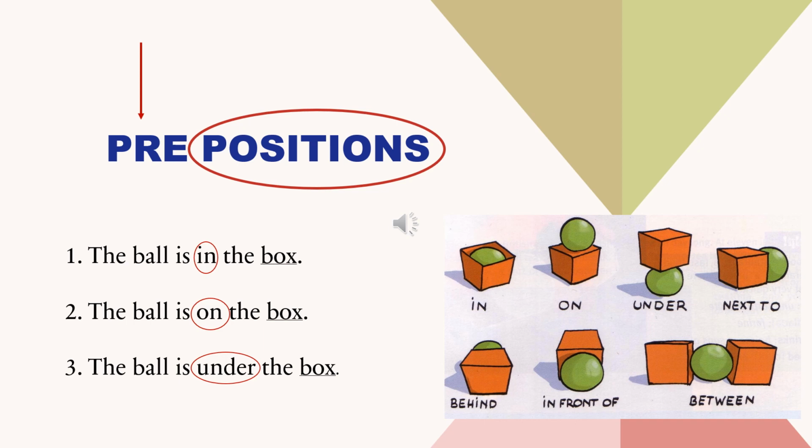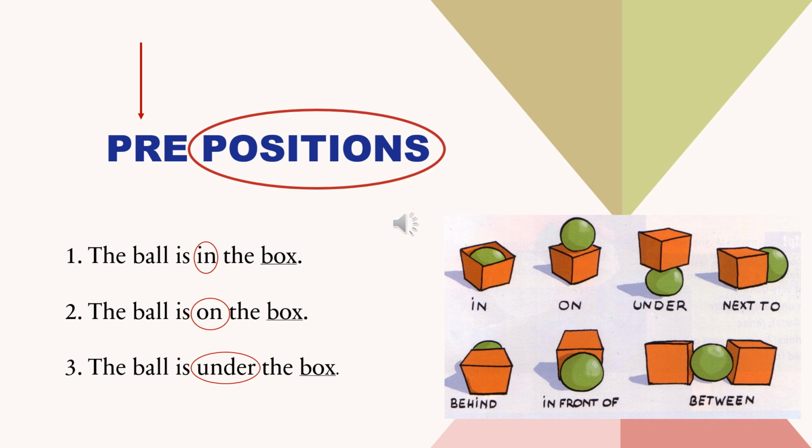Now, one more thing, the word prepositions also has the word pre in it. Pre means before. Therefore, prepositions always come before the position of the object or before the reference point. For example, again in the picture, when we describe the position of the ball, it is in reference to the box.